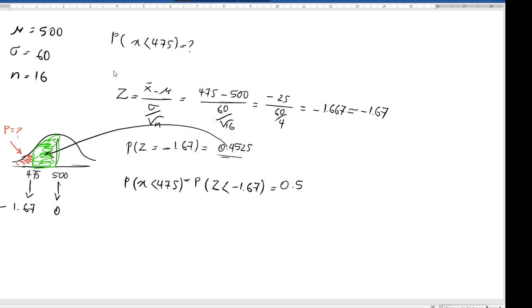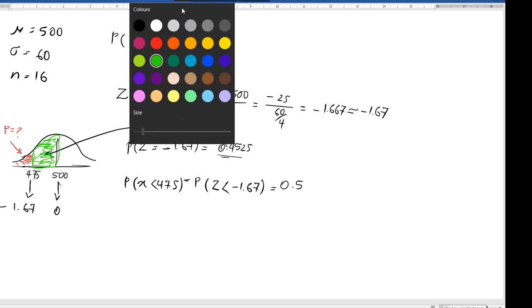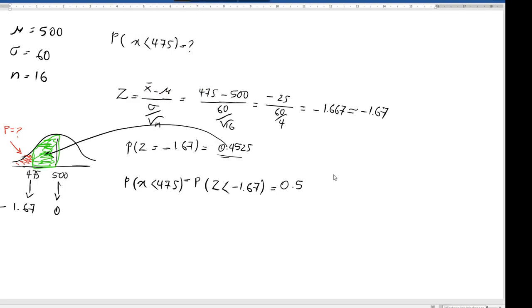Therefore, I need to deduct 0.4525 from 0.5 because I'm interested in the red side. That is equal to 0.0475. So basically 4.7% is the probability that a value is below 475.